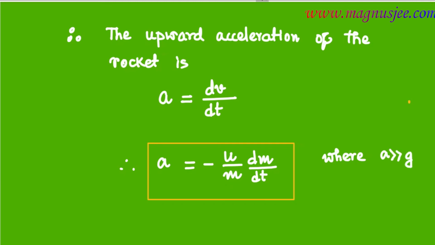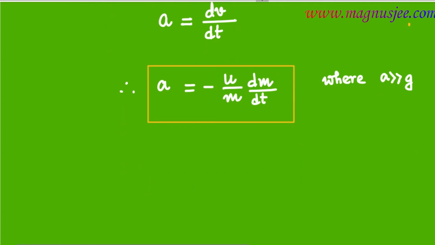Here a is much greater than g. In that case, the expression of upward acceleration of the rocket is a equal minus u by m dm by dt.